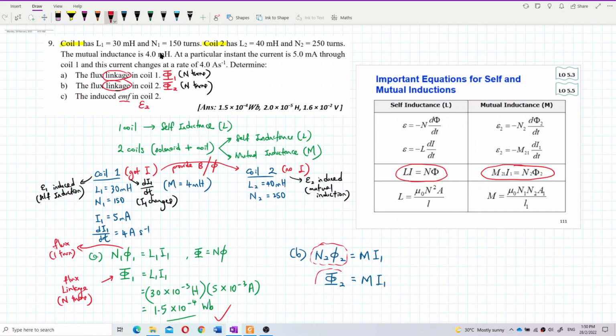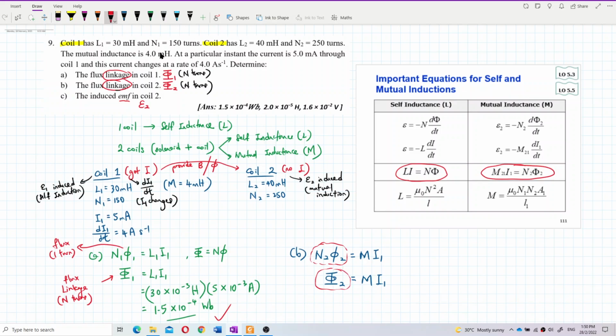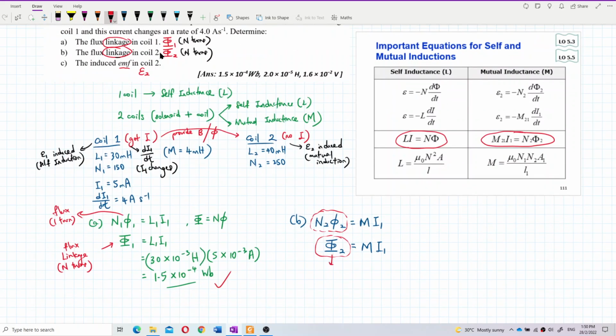So this is the flux linkage in coil 2, and it is provided by coil 1, because coil 1 has current I1.